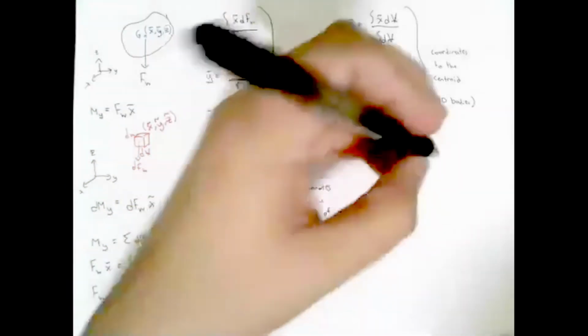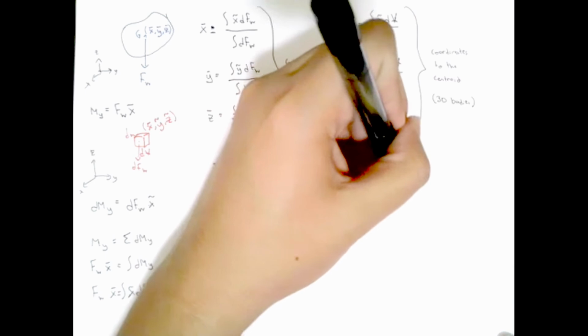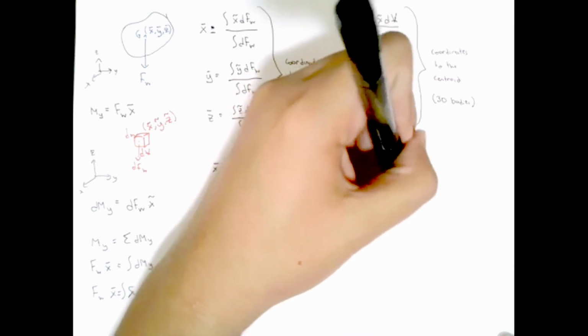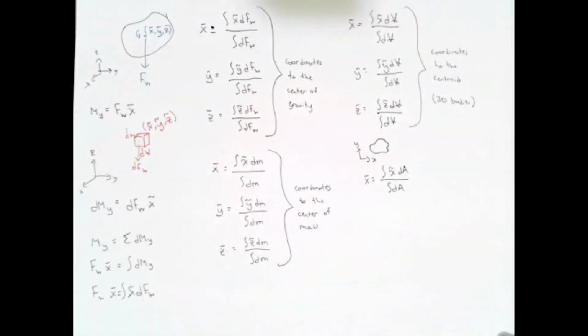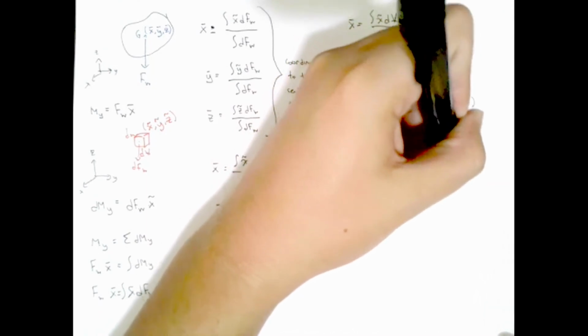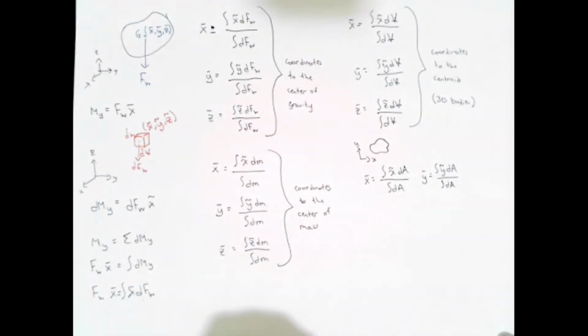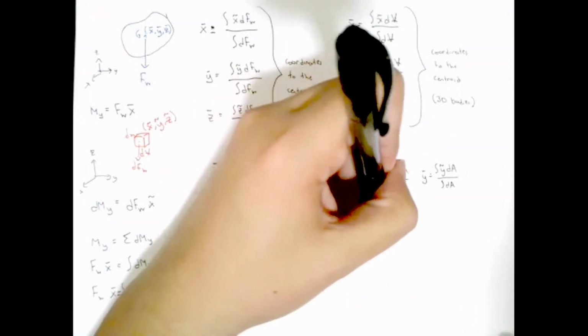So we can repeat the same analysis, and we get that the x-coordinate would simply be integral x squiggly evaluated over the area. We can do the same for the y-coordinate. And we can do the same for the z-coordinate.